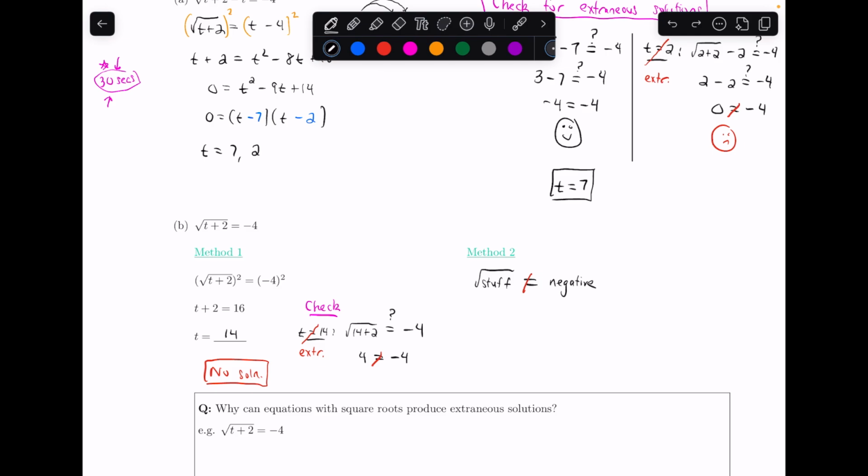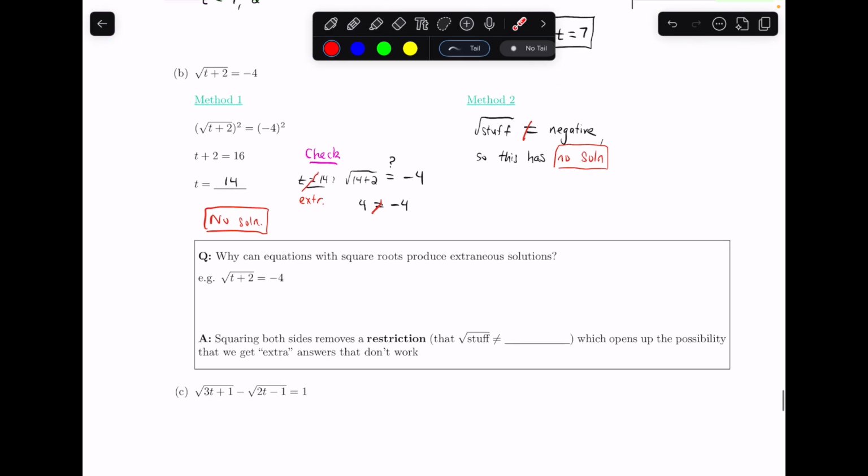So if I notice that right away, I would see that there's no way the square root of something could end up equaling -4. Based on that, I can say this has no solution. That's another way I could have gotten to that answer, which is a little quicker.